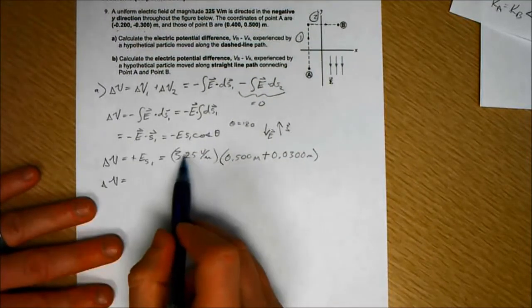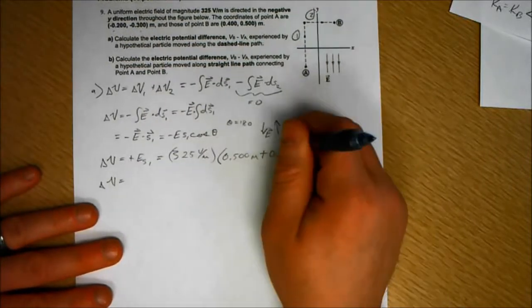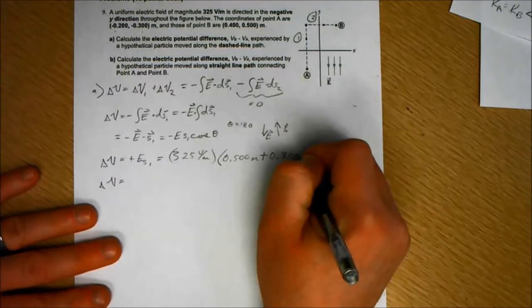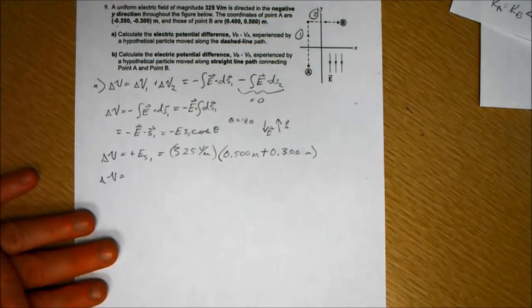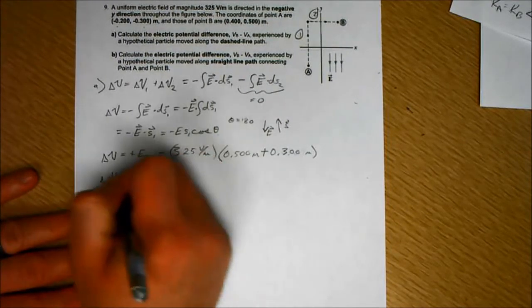So delta V, that's 325 times, what did I say, too many zeros, times 0.8, which is 260 volts.